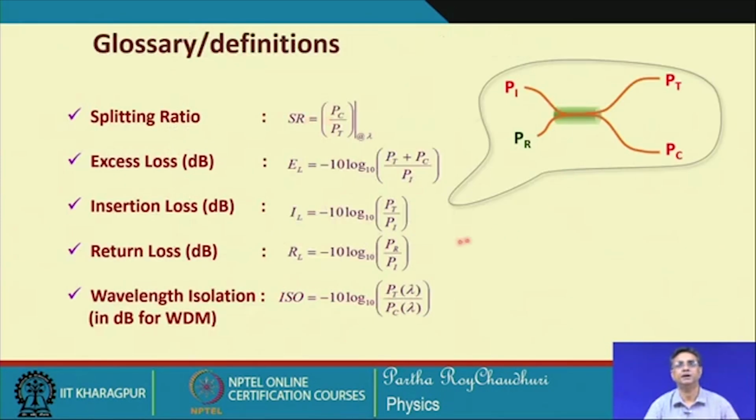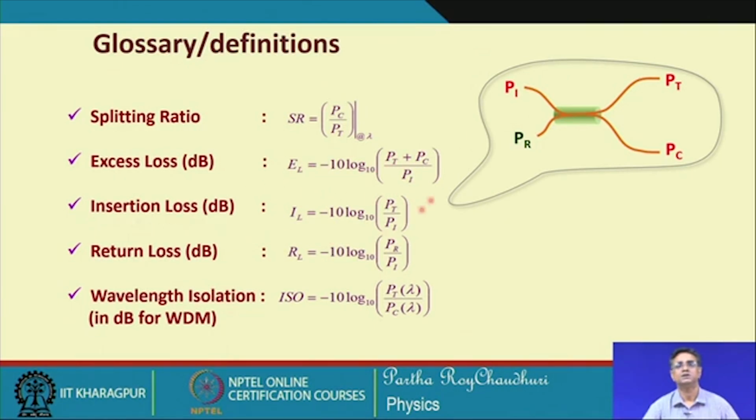Now, these are the typical characteristics attached to optical fiber based coupler devices. It is in general true for all optical couplers. Splitting ratio between the two ports, then excess loss, which is given by the total output light with respect to the total input light, and log of that.